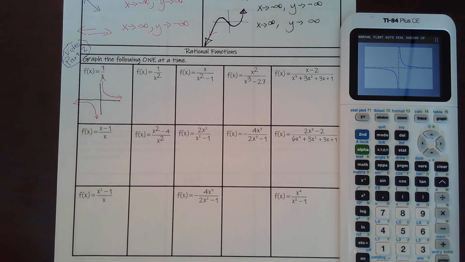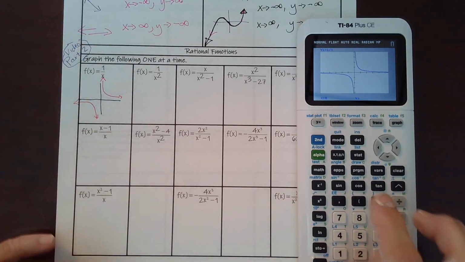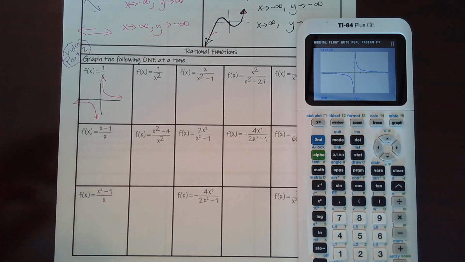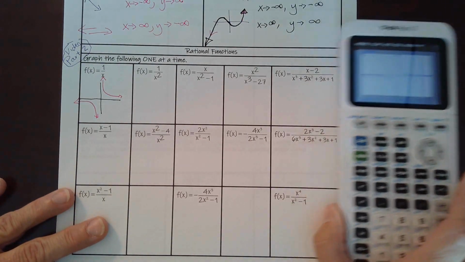If I press trace, then at 0, notice I do not get a y value. That's because that x is not in the domain for this function. There is no y value for this function at x equals 0.